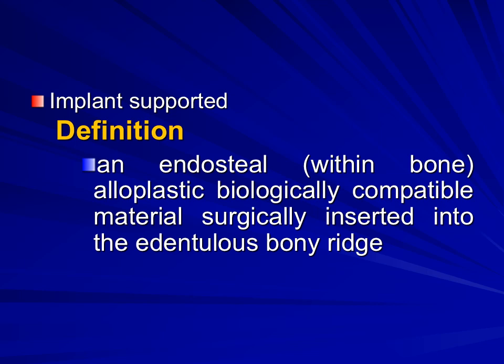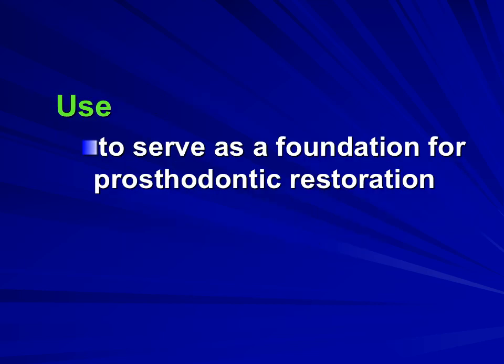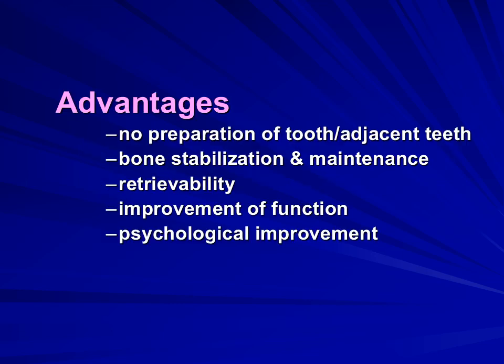Implant supported bridges: endosteal, within the bone, alloplastic biologically compatible material surgically inserted into the edentulous bony ridge. Used to serve as a foundation for prosthodontic restoration, and fixed bridges are an example.